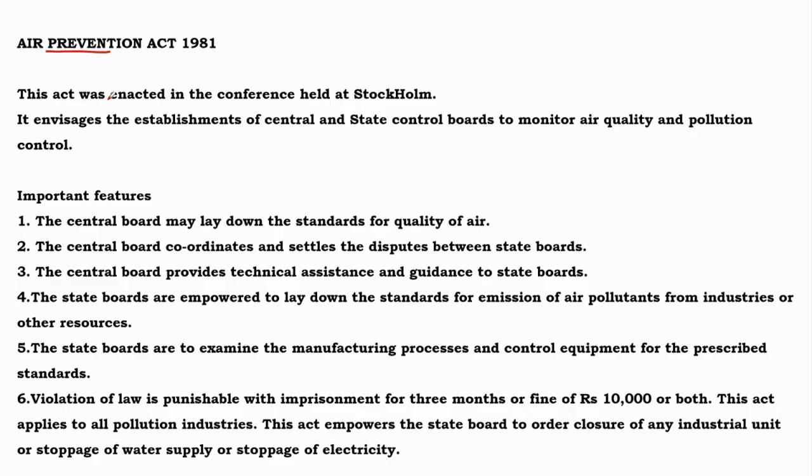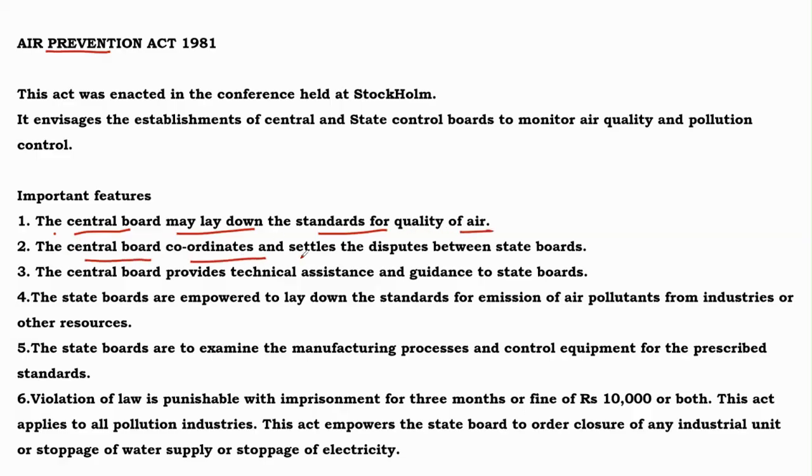Air Prevention Act. This act was enacted following the conference held at Stockholm. It endeavors the establishment of central and state control boards to monitor air quality and pollution control. Important features: the central board may lay down standards for the quality of air.